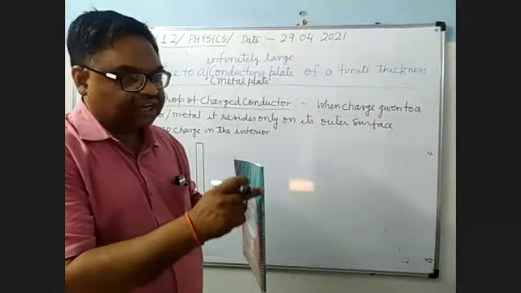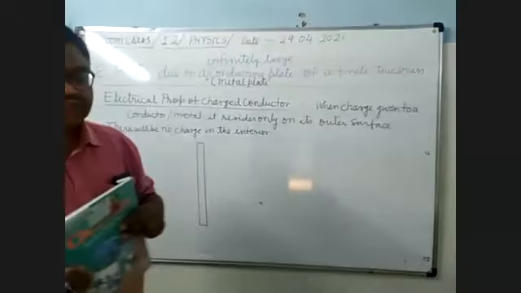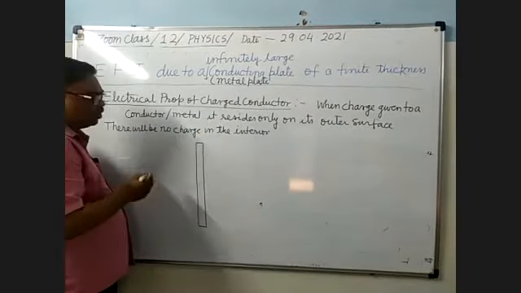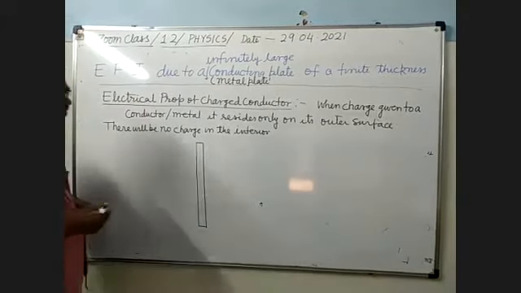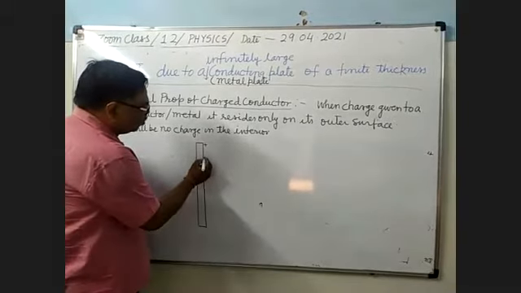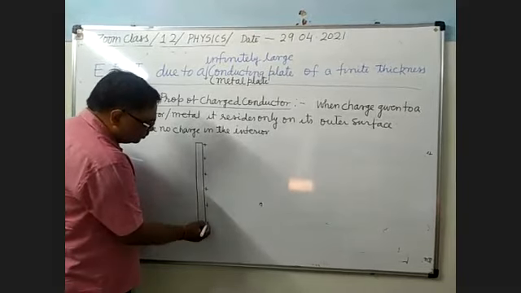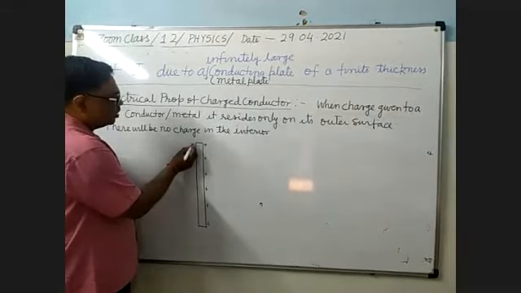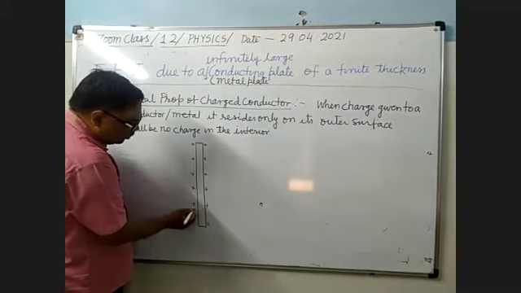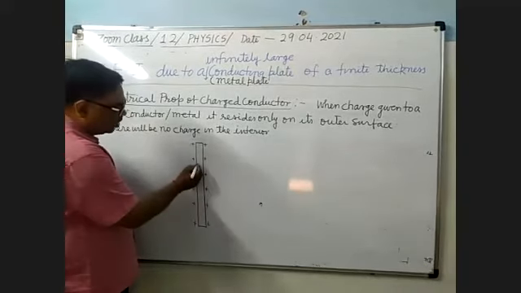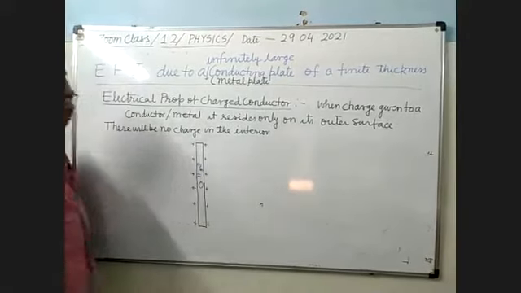It is having a finite thickness. So see here, when charge is given to it, what will happen? It distributes uniformly over its outer surface. Suppose you have given the positive charge. It distributes uniformly over the outer surface. What will be the charge inside? There will be no charge inside.